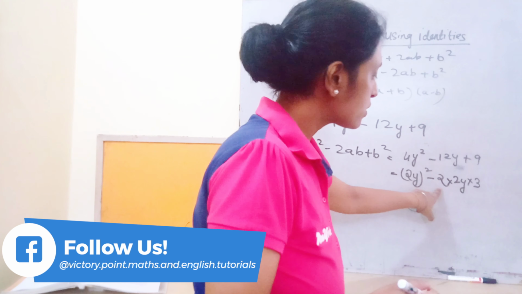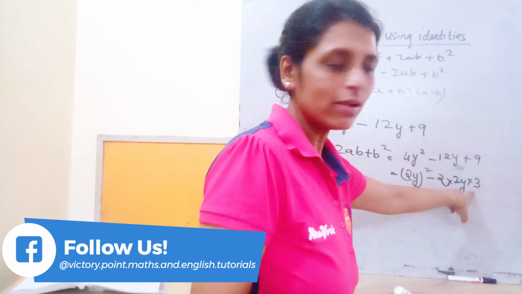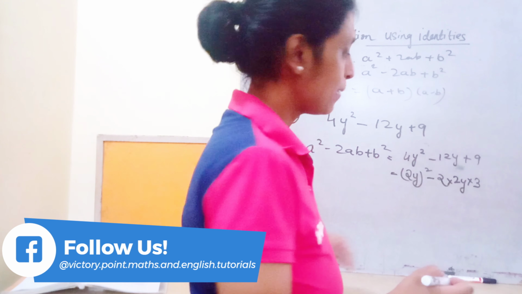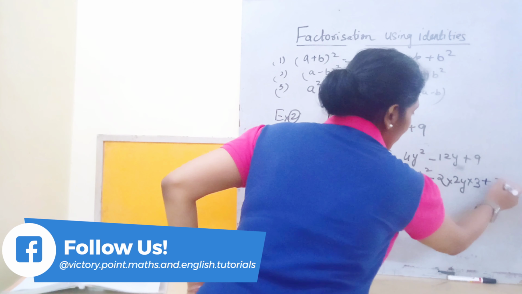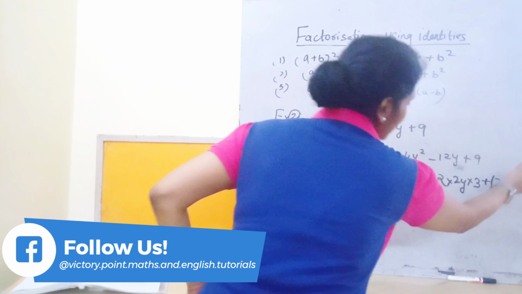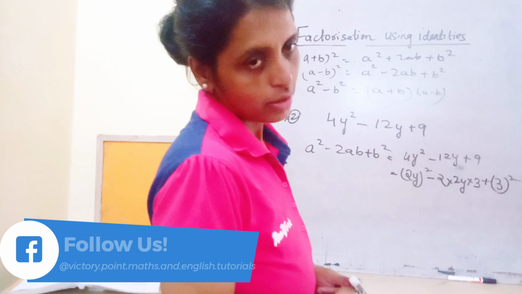See, 2 2s are 4, 4 3s are 12, so 12y, plus, and 9 is the square of 3. So 9 can be written as 3 square.